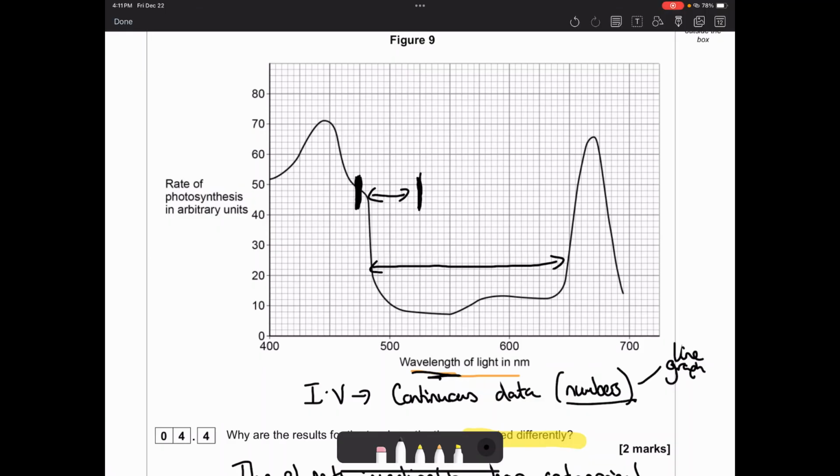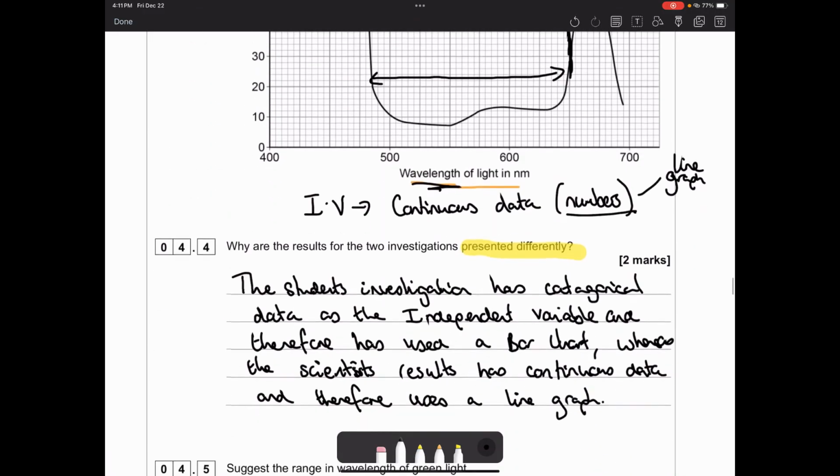So any number between these parts would be where it starts, and then when it finishes is 575 to 650, which is this point here. So that's quite a large range you've got for both values.